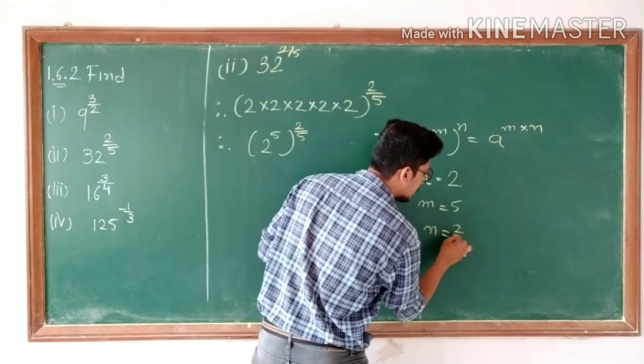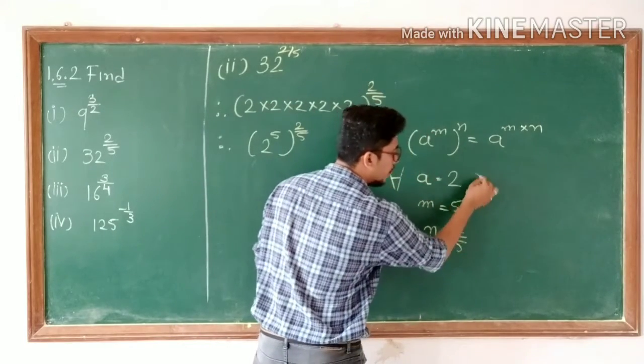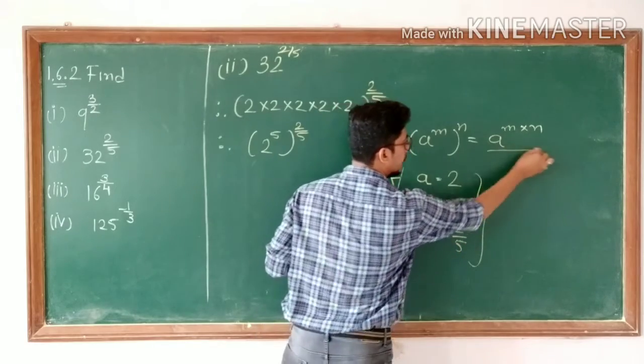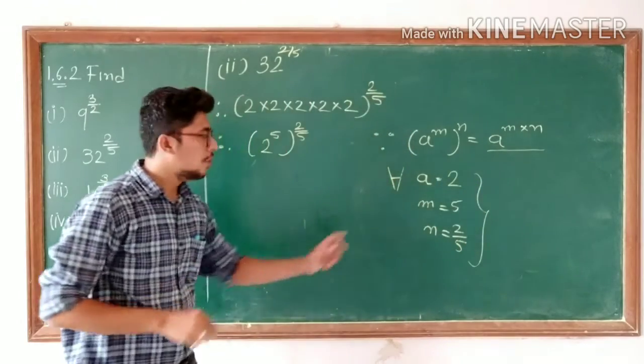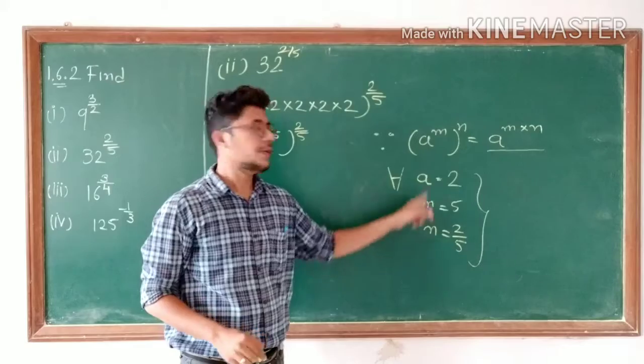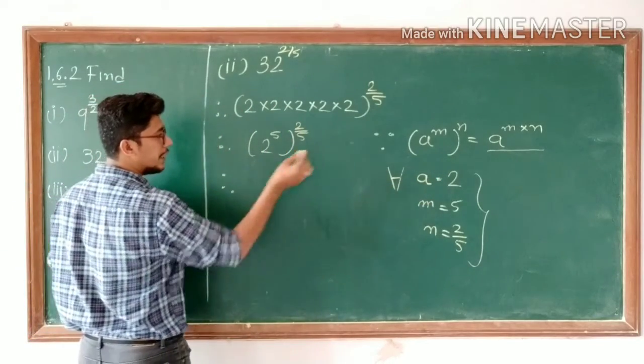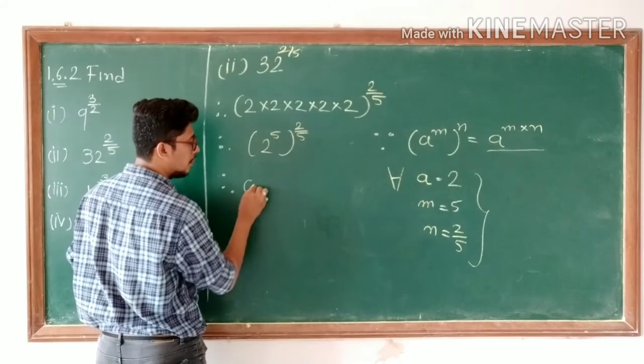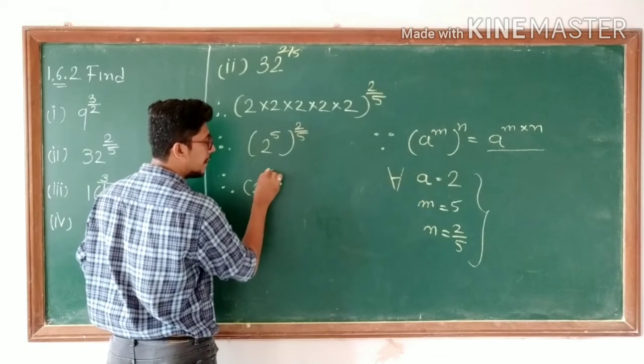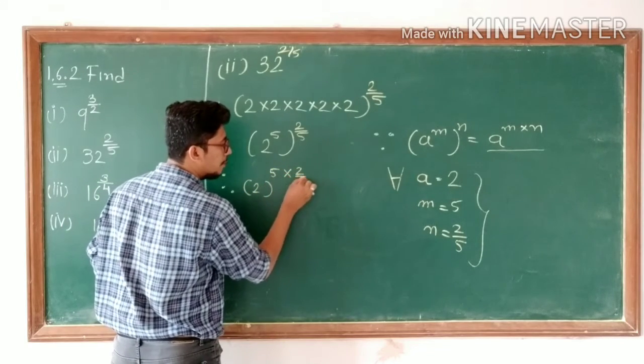Put all these values into the right side of the identity. So the answer you are getting is 2 to the power 5 into 2 upon 5.